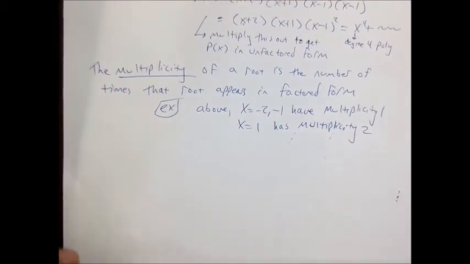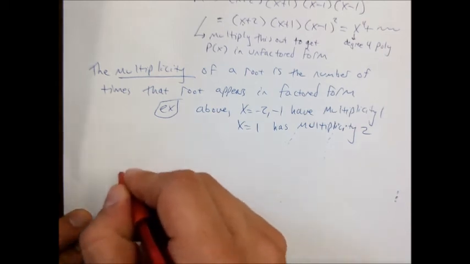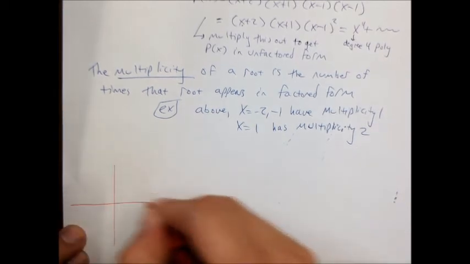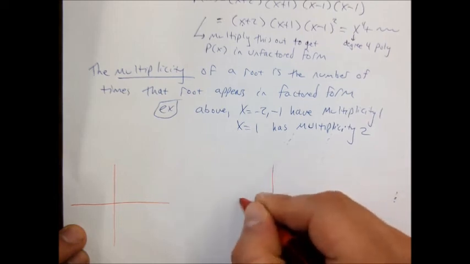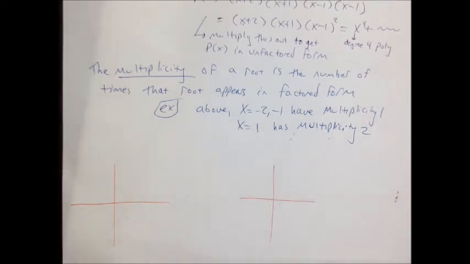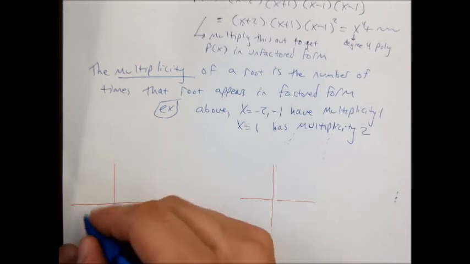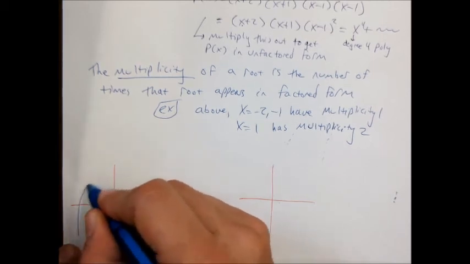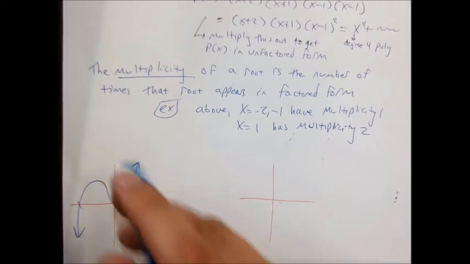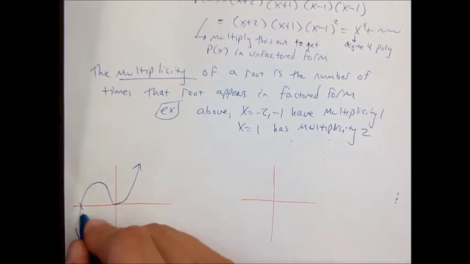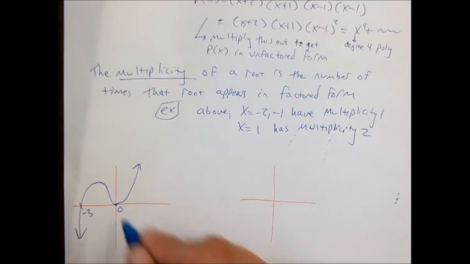So let me just draw a couple more here. So I'm going to draw one here, and then I will draw one, I guess, right here. Let's just draw this one. Let's say that one crosses at -3 and 0.